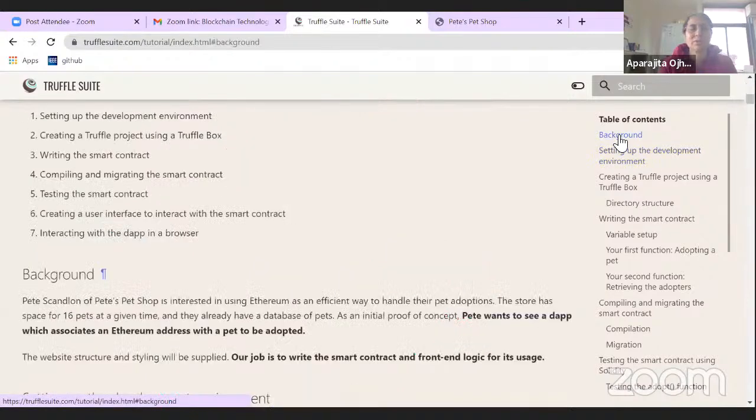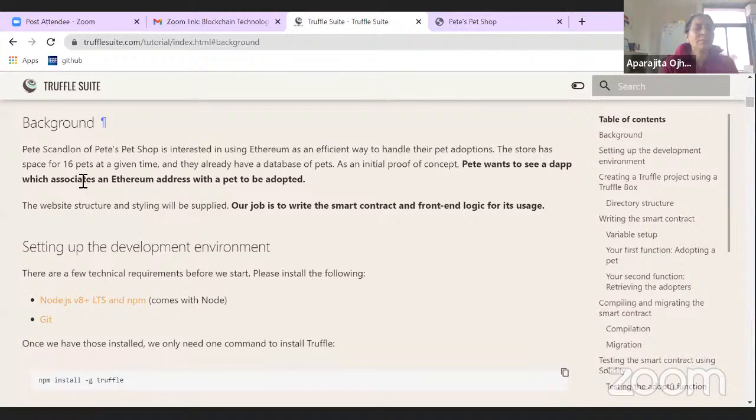So what is the background? Let's see. The background is that Pete Scandalan of Pete's Pet Shop is interested in using Ethereum as an efficient way to handle their pet adoptions. They have got pets, and who is going to adopt those pets?